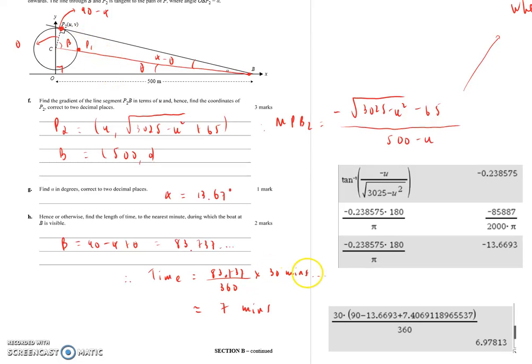So if my period's 30 minutes, I will times that ratio by 30 minutes, which gives us an approximate figure of 7 minutes, because the question says find the length of time to the nearest minute. Then I'm just going to approximate here my 6.97 to 7 minutes. So for 7 minutes, we're having that glorious view, and we're thinking about good times on the boat.